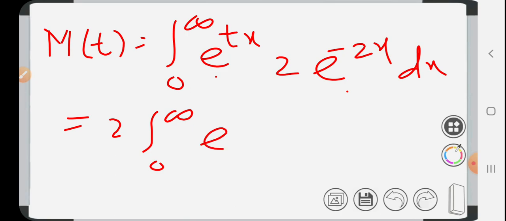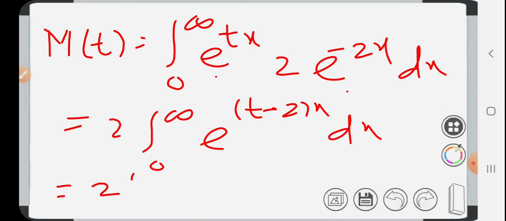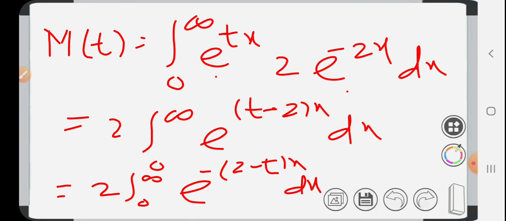What do I get? e raised to t minus 2 into x dx. But my limit is infinity here, so I require a minus sign, e to the power minus. So 2 into integral 0 to infinity, here we take the minus sign common, e raised to minus 2 minus t into x dx. A simple adjustment we did.